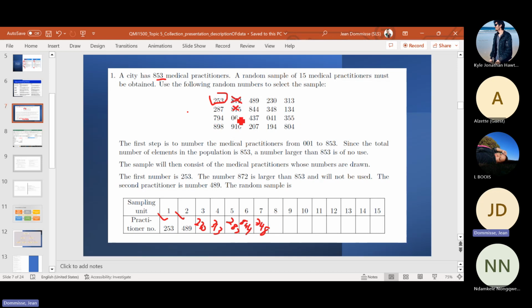Then 794 will be, and then 898 will not be an option. 910 will not be an option. And then you just continue plotting the numbers until you have your 15 numbers. And that is how our simple random number generator will work.